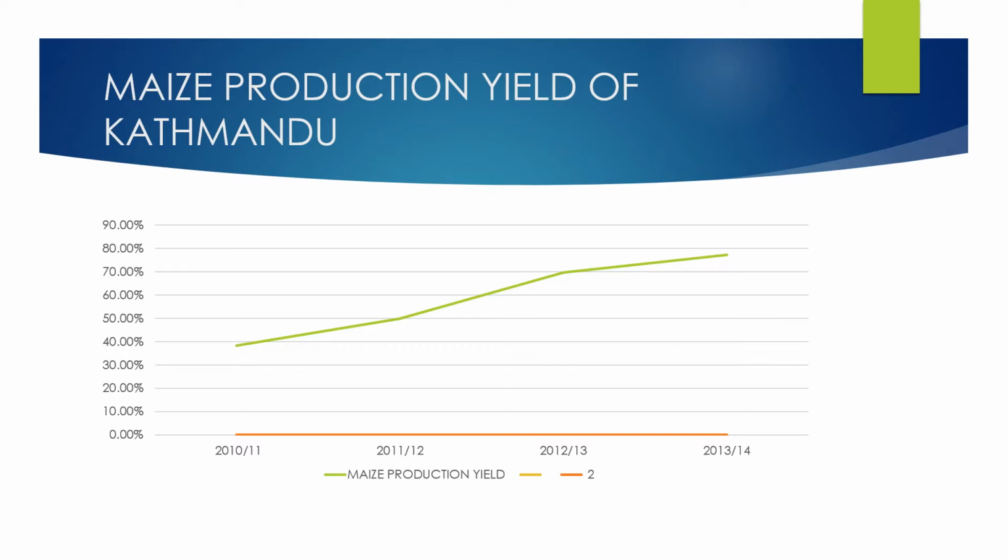As we know, maize is the second most important crop after rice in terms of production in Nepal. So this fiscal year, despite an expected marginal drop in paddy production, a bumper maize harvest has increased the country's overall output.